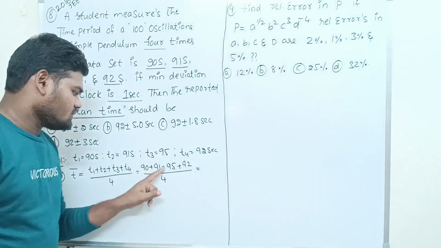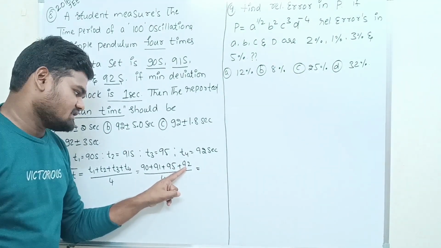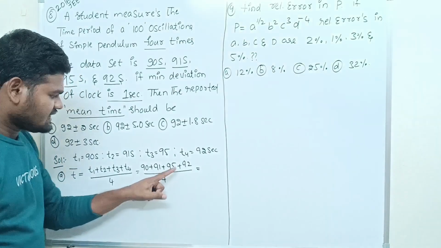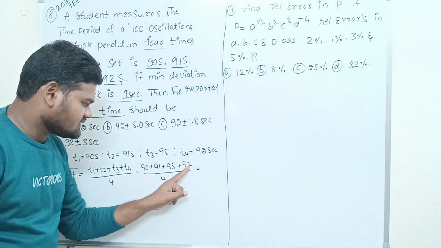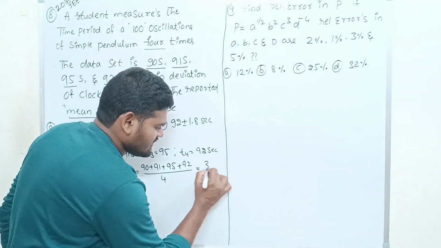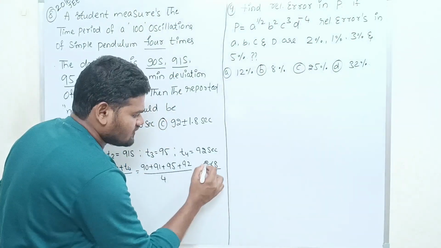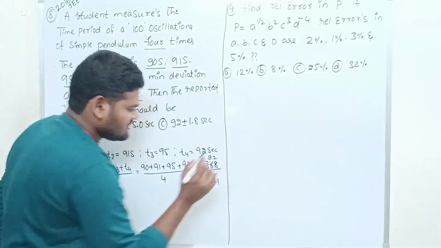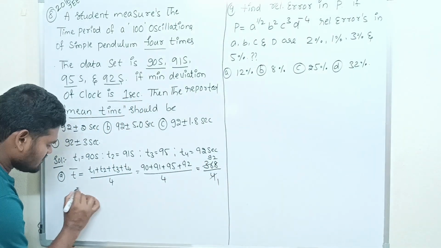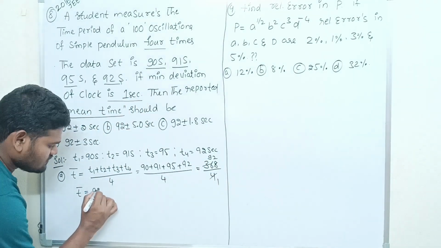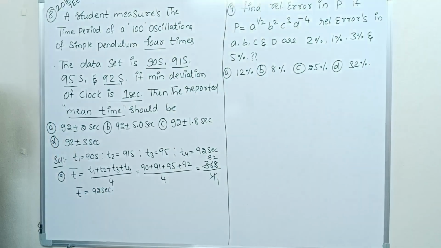That sum is 368, divided by 4. 4 ones are 4, 4 nines are 36, 4 twos are 8. So we got the mean time equal to 92 seconds.